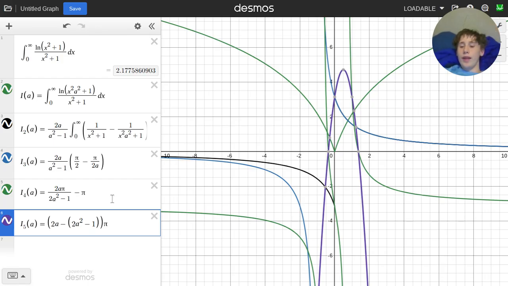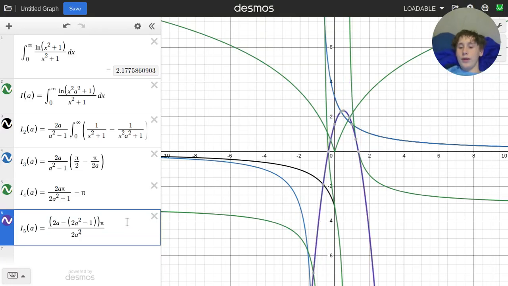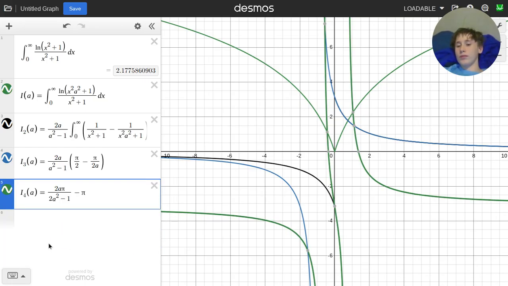Yeah, because then it would cancel out. So that over 2a squared minus 1. That looks great. But I don't really think... Could we integrate those? Could do something with it.